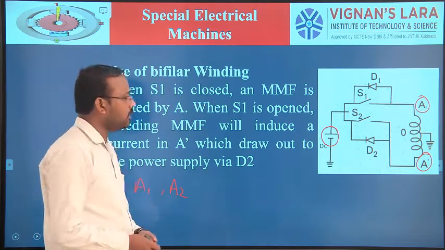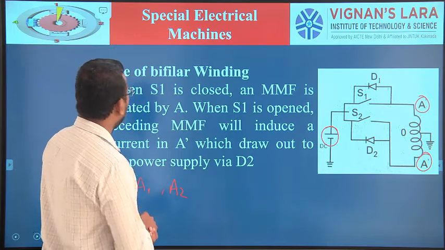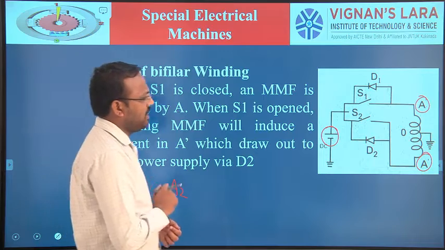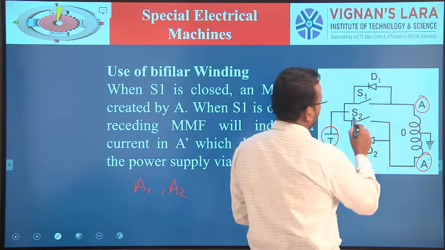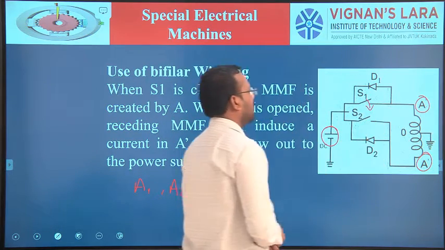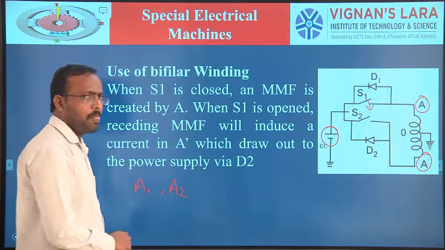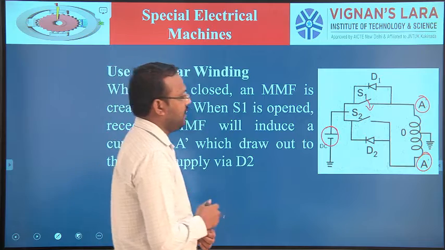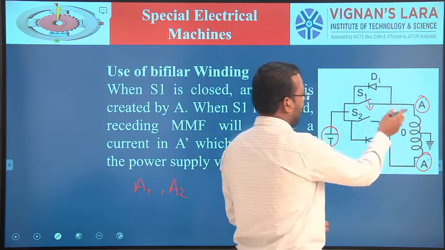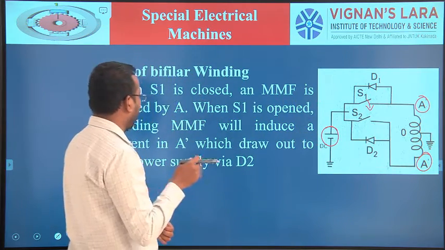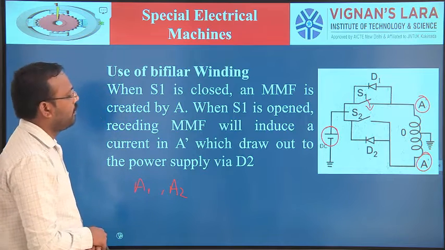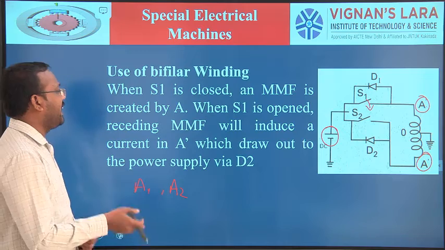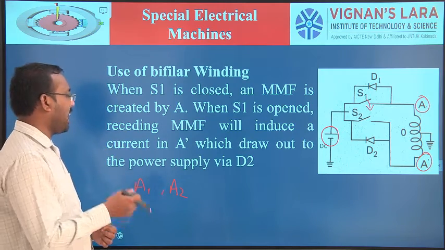Now, when S1 is closed, S1 is here. An MMF is created by winding A. Where is the winding? Here. When S1 is opened, the receding MMF will induce a current in A prime.